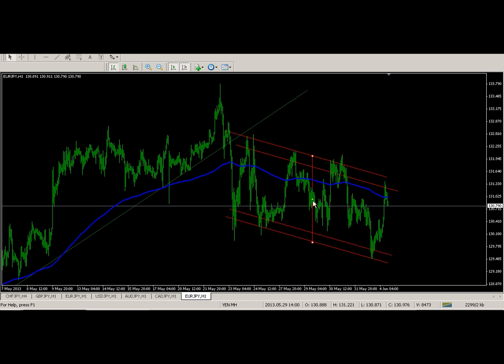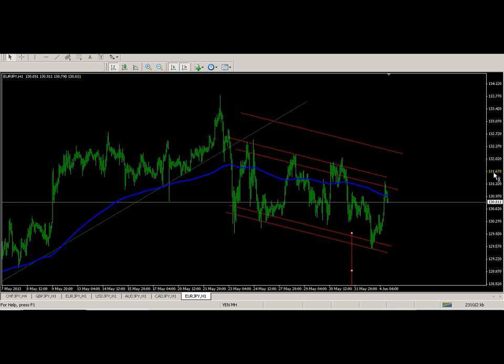So just measuring the distance of this channel, which is my profit target, and putting it up here, I can see straight away where I should put my stop. Putting my stop up there, and if I get in at the bottom down here, let's just squeeze that chart up a bit.